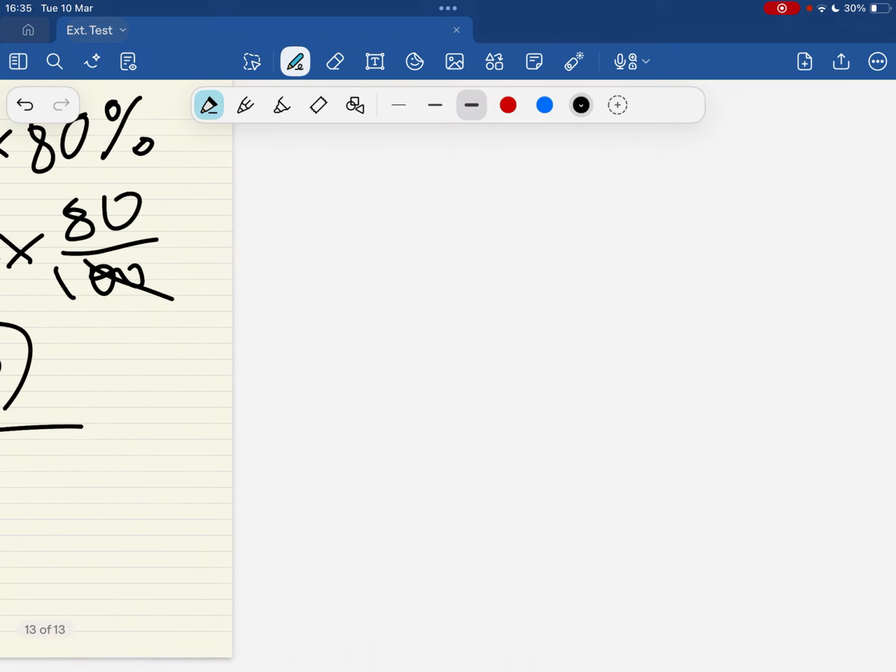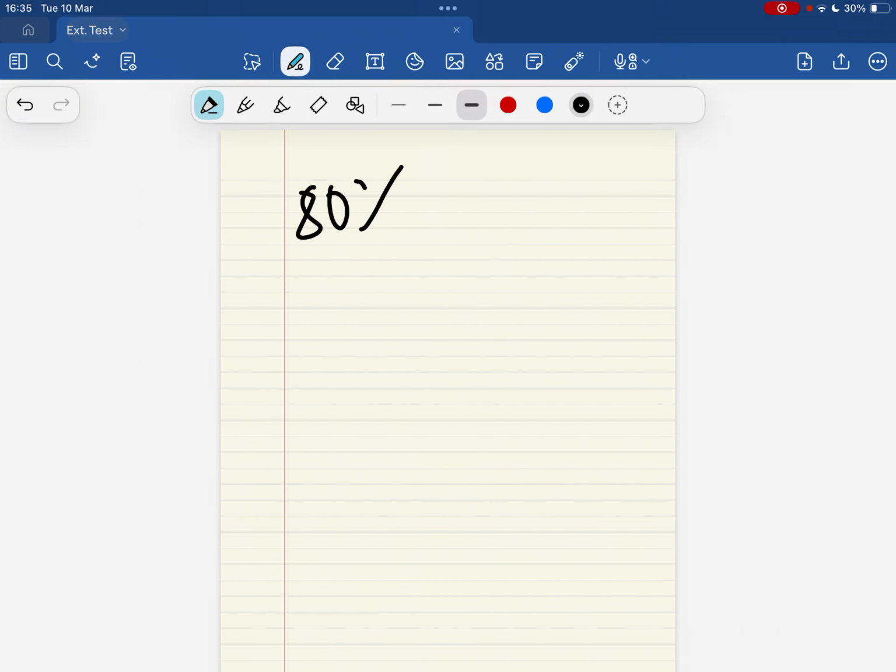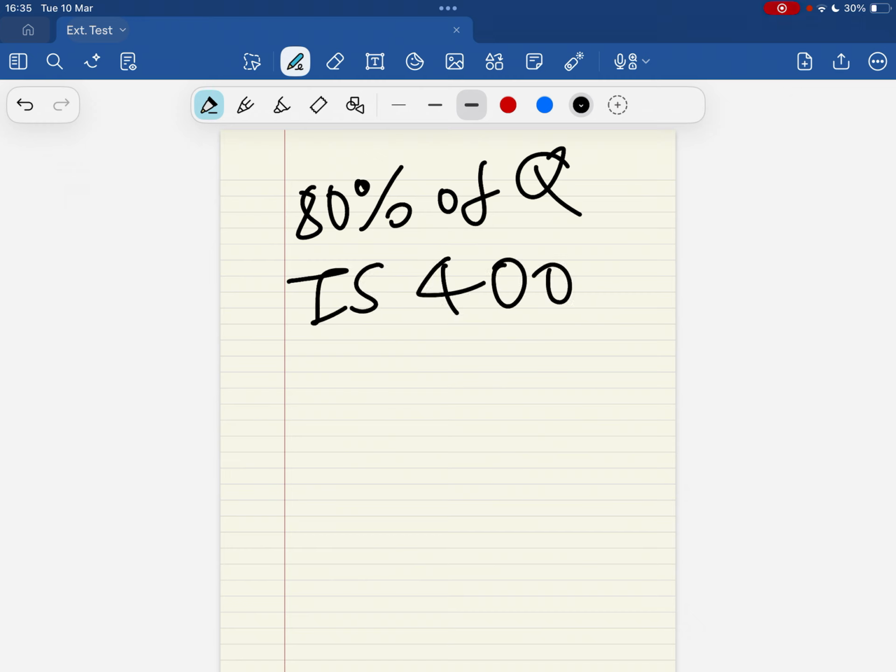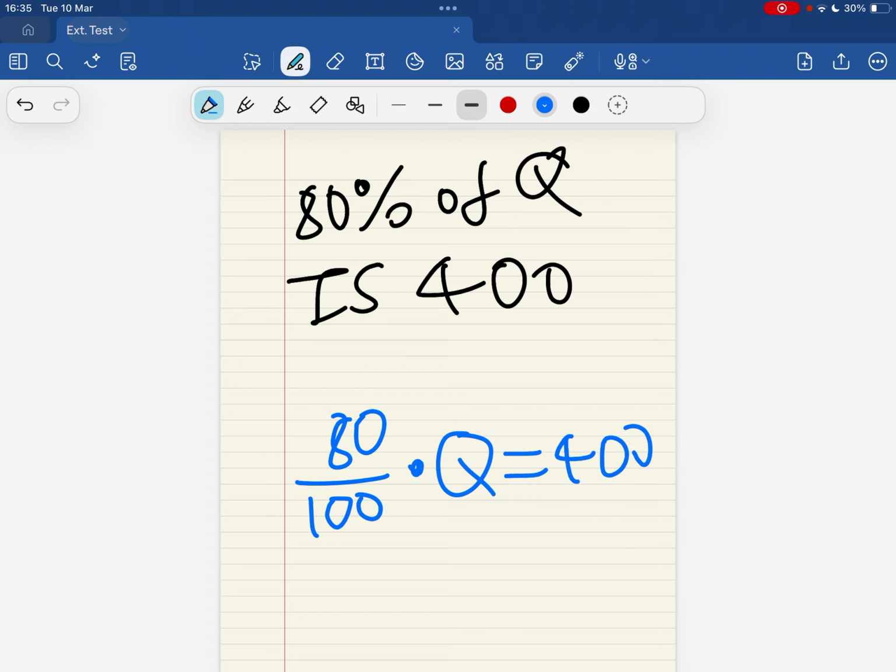And similarly, if we say 80% of an object is 400, that's a little bit different, but you can again express this normally using math. Don't overthink it. Don't memorize it. 80% of Q is 400. So we can say 80 out of 100 of Q is equal to 400.